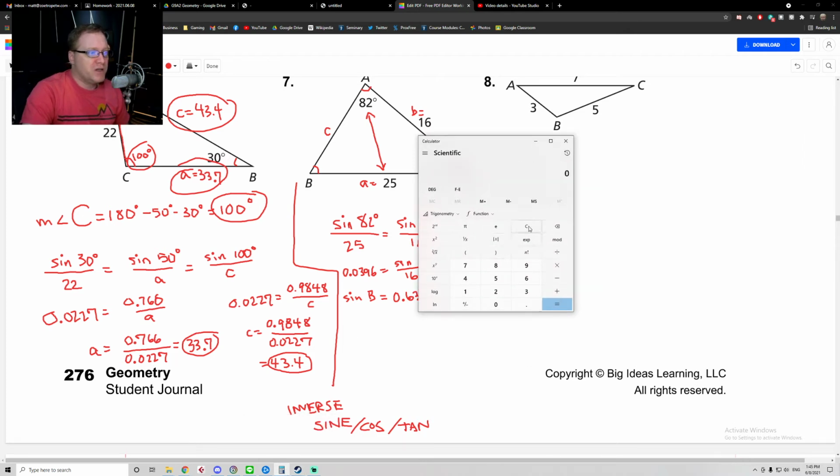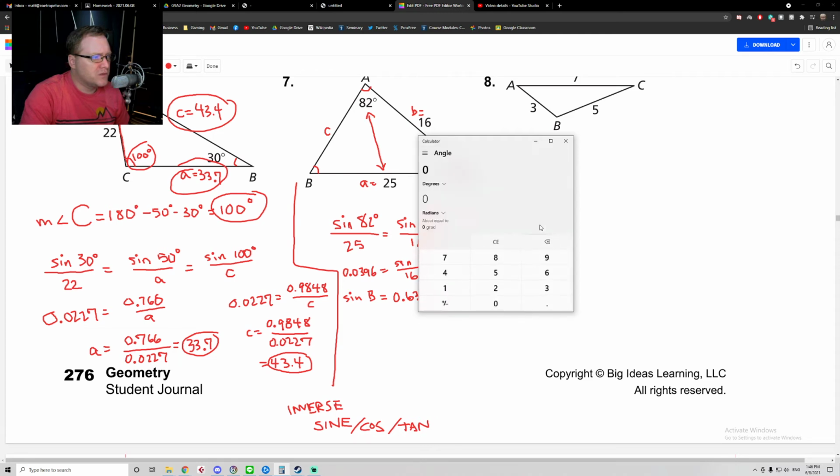Where's the inverse function on my calculator? I've never used the Windows calculator. Hold on, where is my inverse functions? Angles?